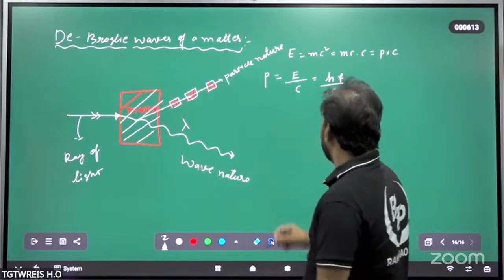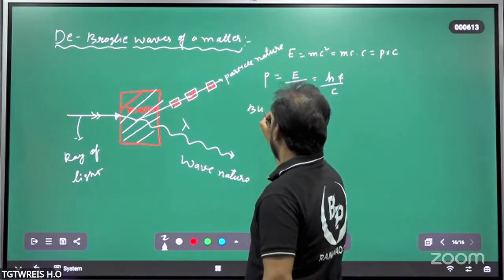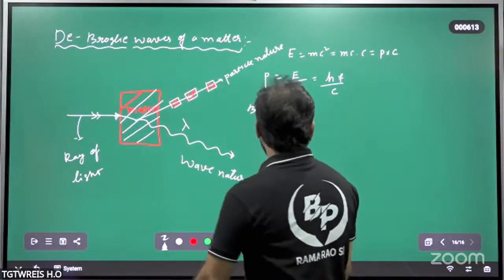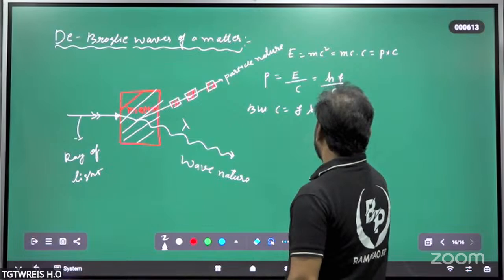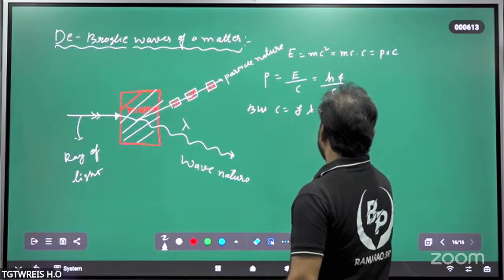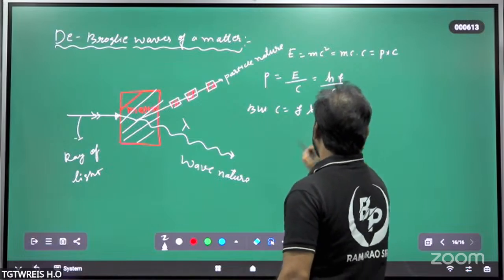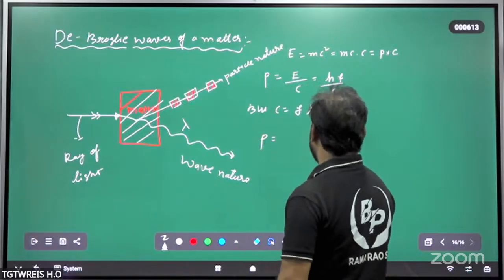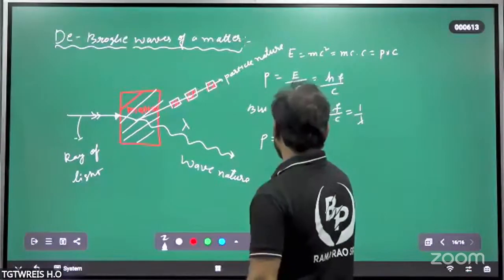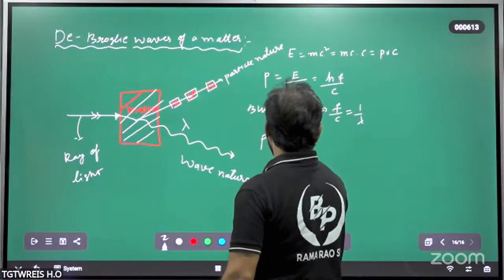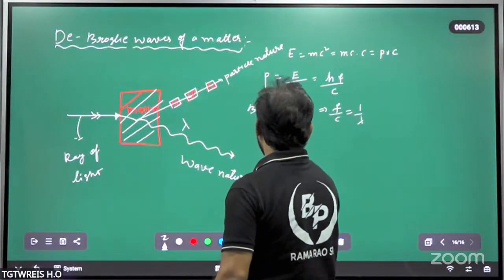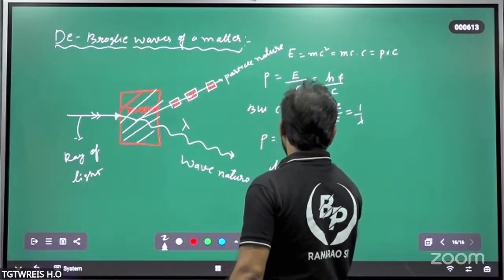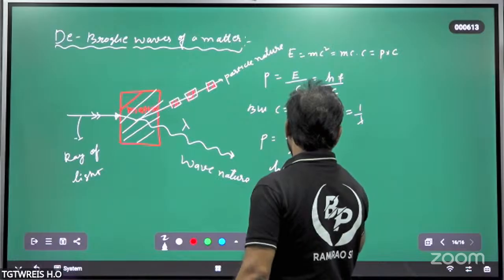But c is equal to f lambda, already known. So f upon c is equal to 1 by lambda. Therefore, the momentum of the photon is given by p is equal to h by lambda. Lambda is equal to h upon p, that is h upon mv or mc.